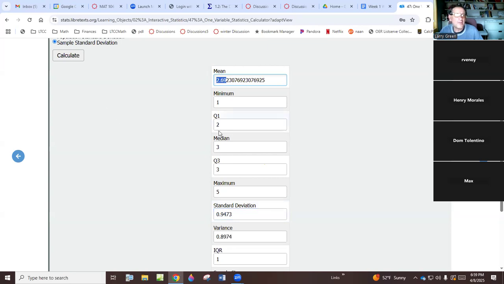For example, nobody that I can imagine would care about this many decimals for the mean: 2.69230769, da da da da. No one would ever care about all those, right? So maybe about 2.7. Do you see how that works? And that tells you enough. So hopefully that totally makes sense.